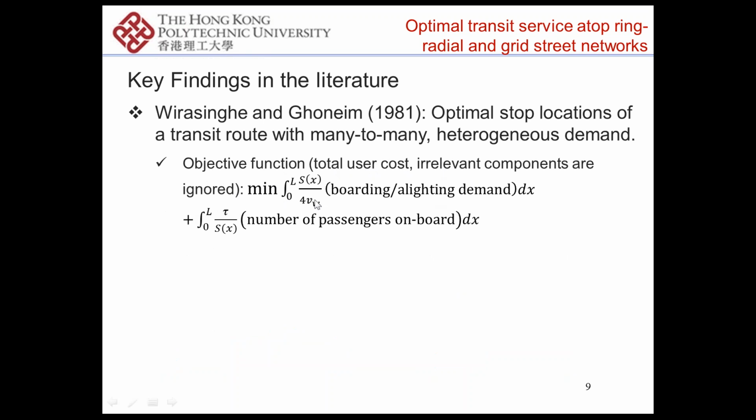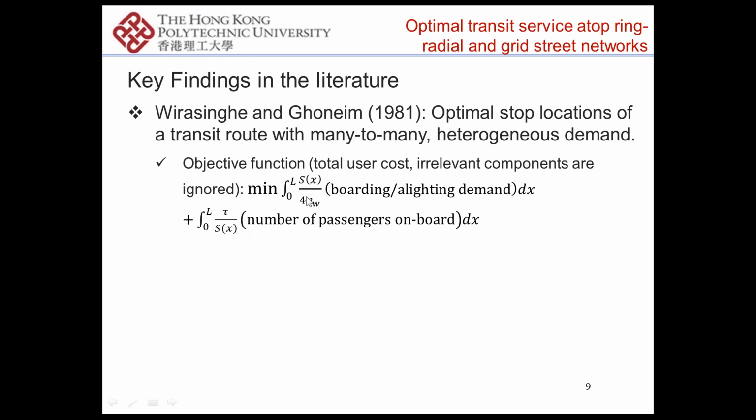So we only have the integral for the entire length of the transit route, the access cost, which is sx over 4 vw times the boarding alighting demand, plus the time wasted at the stops, which is tau divided by sx times the number of passengers on board. Okay. So here I largely simplified the original formulation in the paper just to give you some qualitative descriptions.